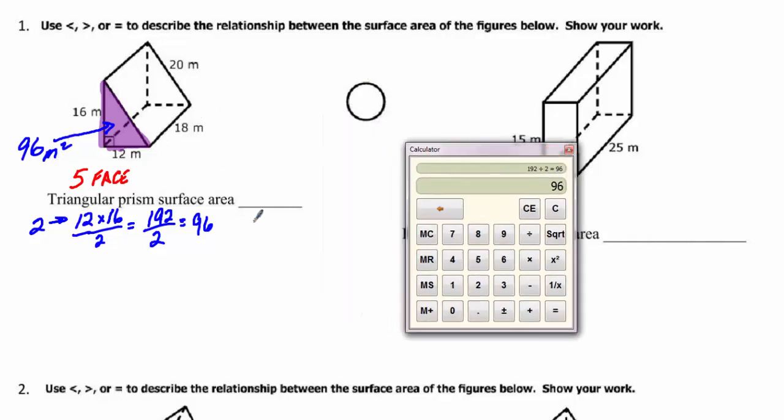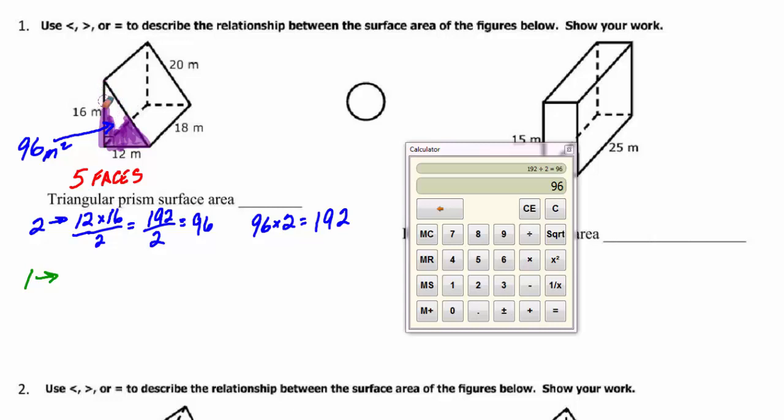I need 2 of those, so 96 times 2 gives me 192. That's 2 of my 5 faces.